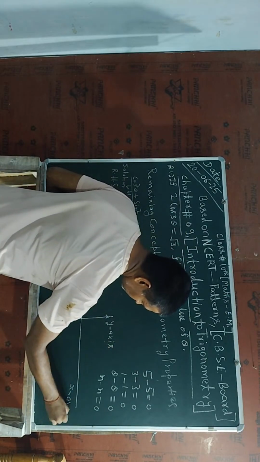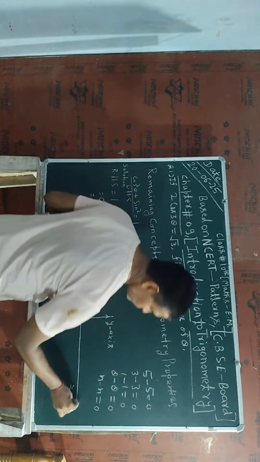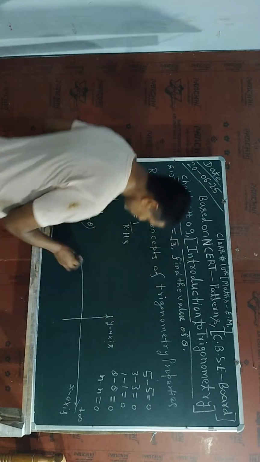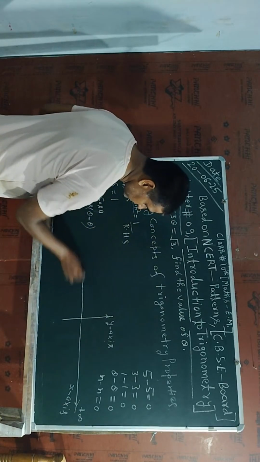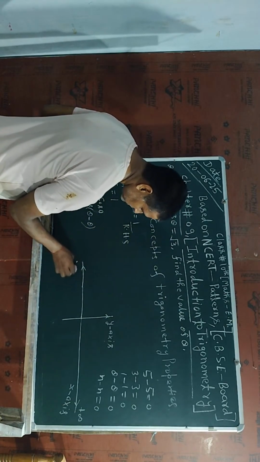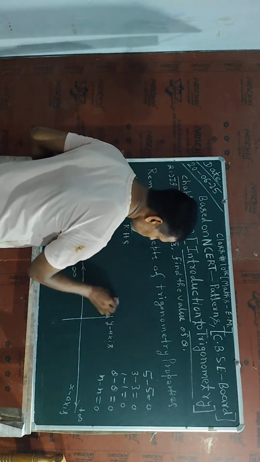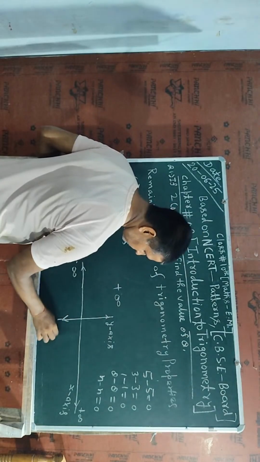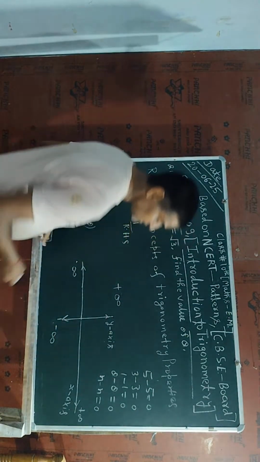This line moves up to plus infinity, and this line moves up to minus infinity. This line also goes up to plus infinity, and this goes up to minus infinity.